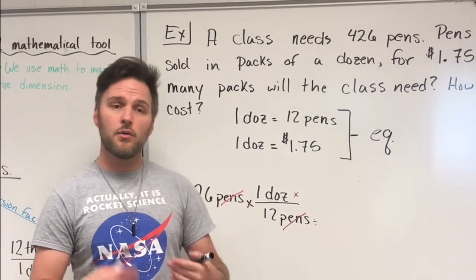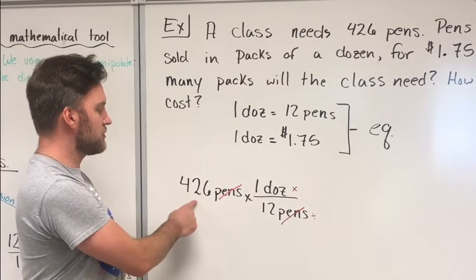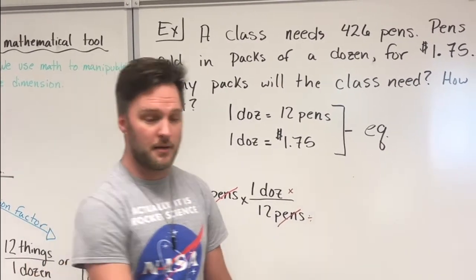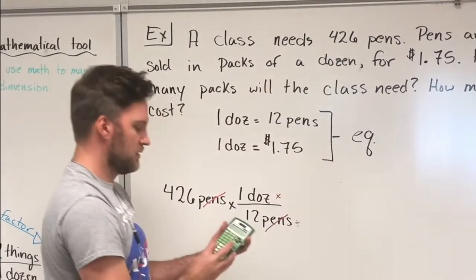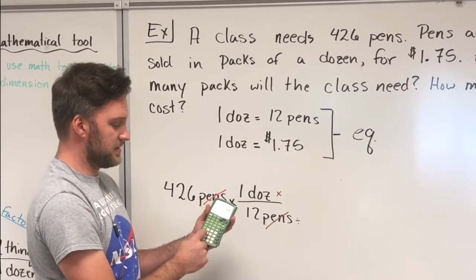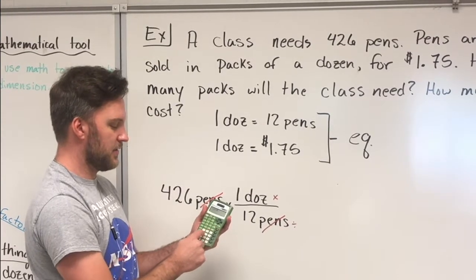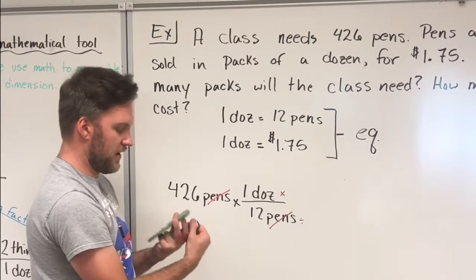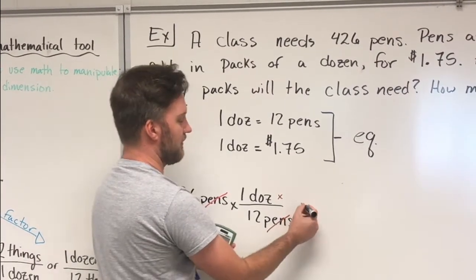So what are we doing here? We're going to take 426 pens divided by 12. My calculator's here. So I just do it step by step, 426 divided by 12. And I find that I need 35.5 packs, or 35.5 dozen.